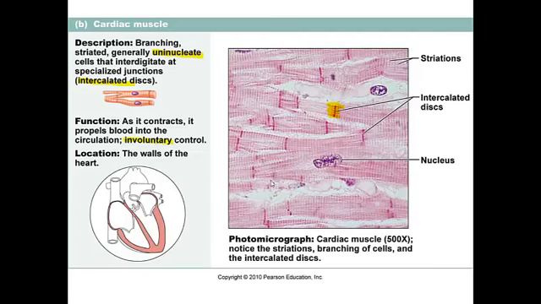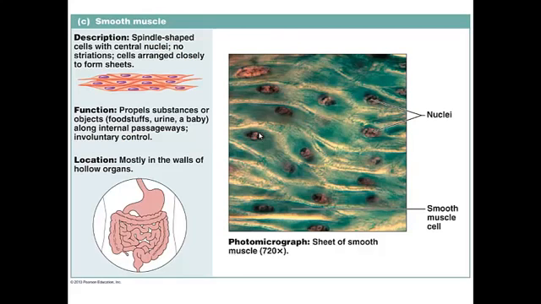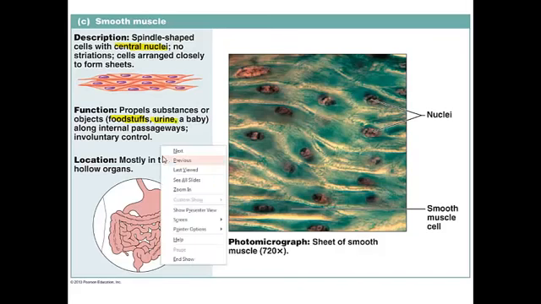The third type of muscle is smooth muscle, and smooth muscle is uninucleate as well. It only has a central nucleus, and these are somewhat spindle-shaped in appearance, and they're going to be found propelling substances or objects, so foodstuffs if we think about the GI tract, urine and the urinary system, as well as the reproductive system.